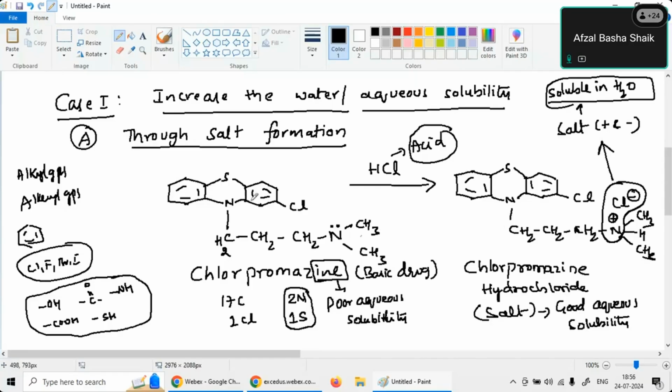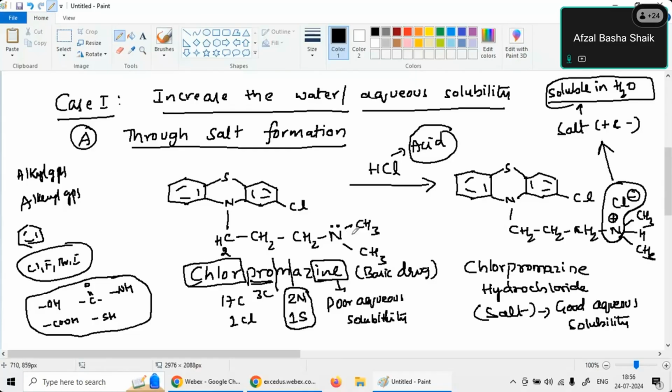Can you easily remember this structure? This is chlorine. Pro represents how many carbon atoms? 1, 2, 3, right? And how many methyl groups are there? There are two methyl groups.